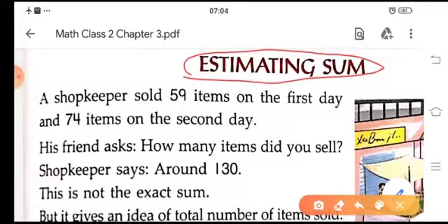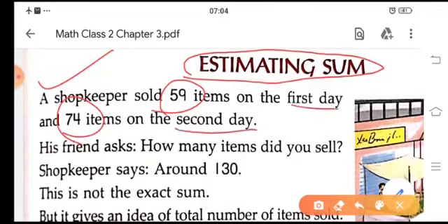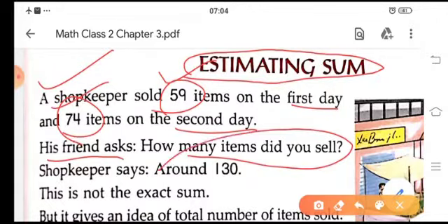Here a shopkeeper sold 59 items on the first day and 74 items on the second day. His friends ask how many items he sold.